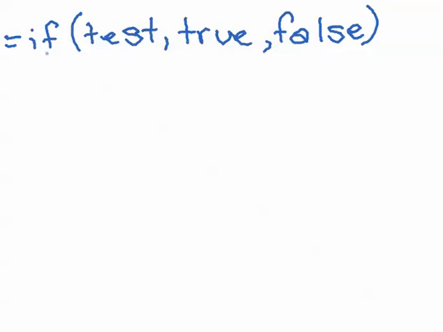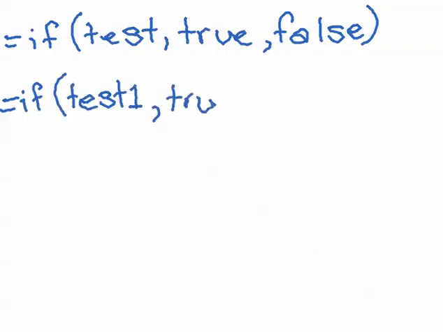So I've got my if here, and what I can do is I can say if, and I'm going to call this test number 1. If test number 1 is true, great, it stops here. The computer, Excel, does not even look at the false. And there's a way I can prove that to you, so I'll show you that in a few minutes.